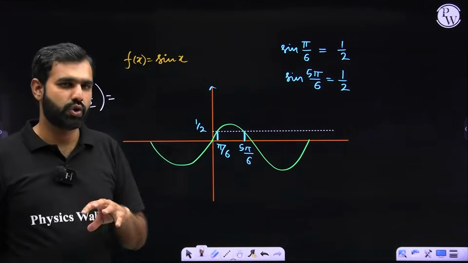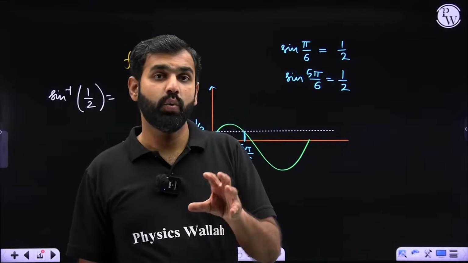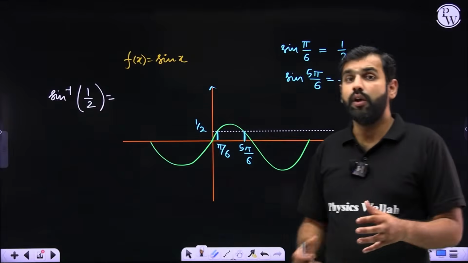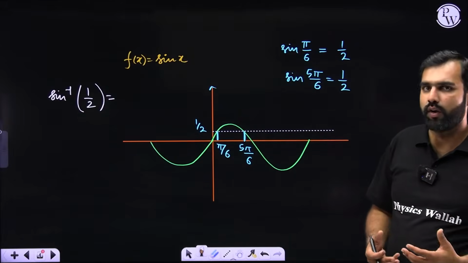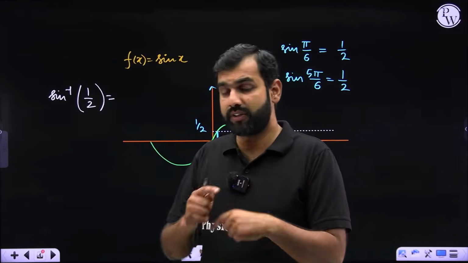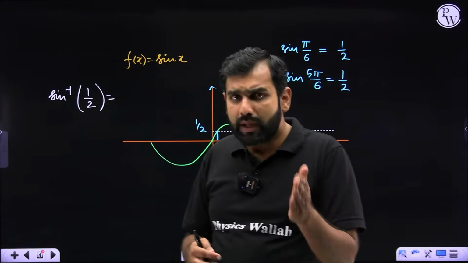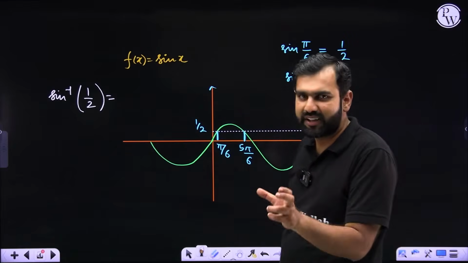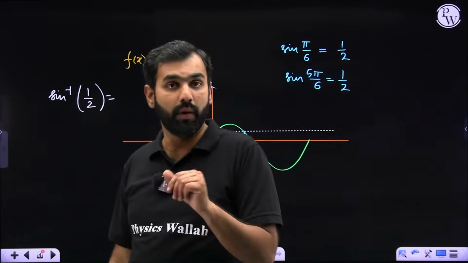So how do I ensure that the trigonometric functions, when you wish to take their inverse, can have an inverse? How can you ensure that their inverse can be found? Of course, since this chapter is built on that basis only, I will do something so that you can take the inverse of trigonometric functions. First of all, I'll restrict it to a principal domain. What do I mean by that?